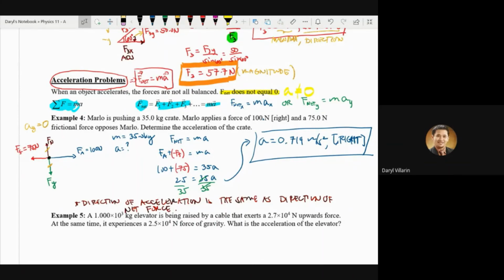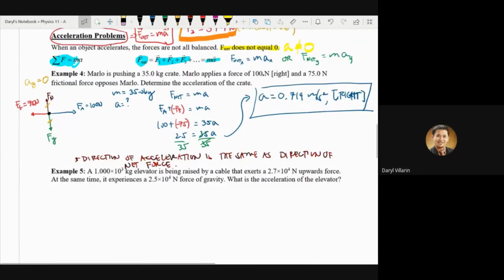This is a simplified version where you only have two forces, but it could be more complicated. You can have more forces going to the left, or more forces going to the right. But you still use the same thing, taking the sum.